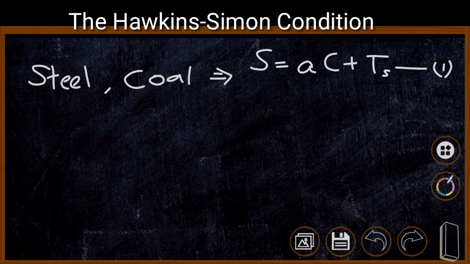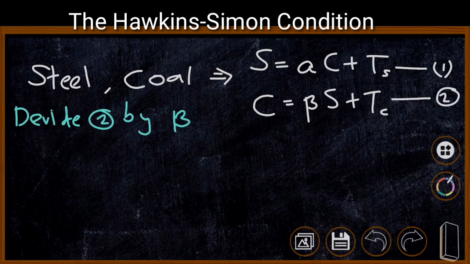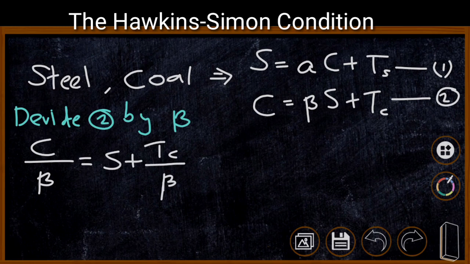In the same manner, we can have C is equal to beta S plus Tc. It shows that coal production is divided between the steel industry and final demand. This is the second equation. Now divide equation number 2 by beta. We will get C by beta is equal to S plus Tc by beta.